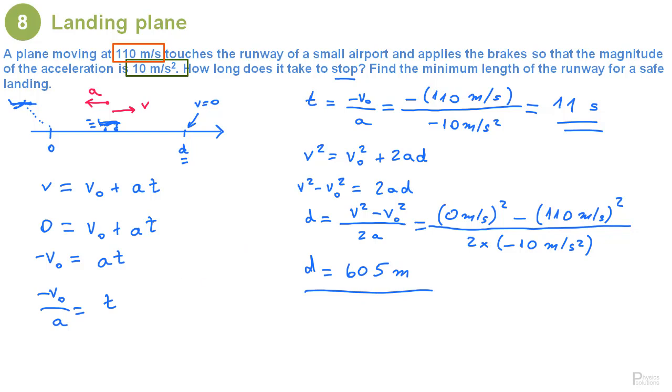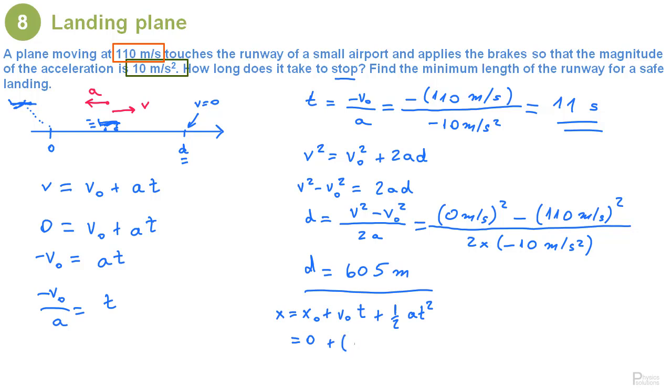Notice also that there is this other formula for distance, which is initial position plus initial velocity times time plus 1/2 a t squared. We could in principle also use this formula, where the initial position we know is 0.